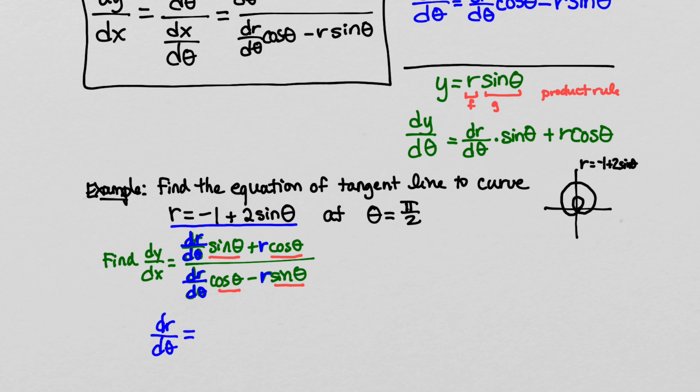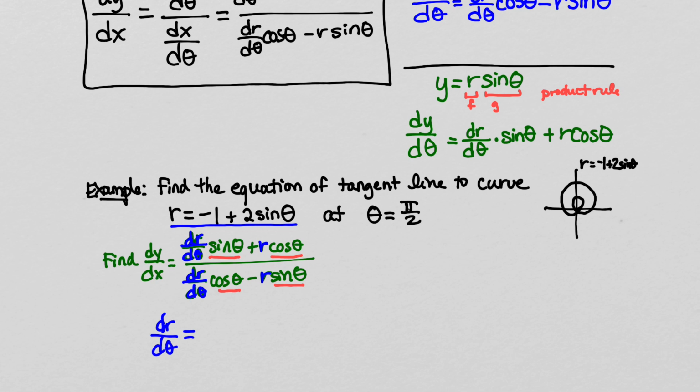Alrighty. So if r equals -1 plus 2 sine theta, what's dr d theta? You want to get me that derivative, John? What's the derivative of r with respect to theta? What's that going to give us?